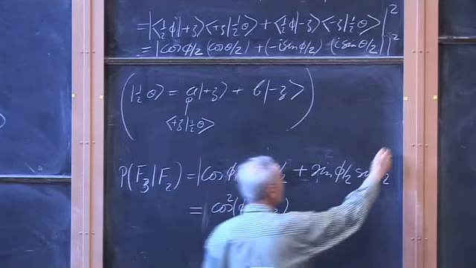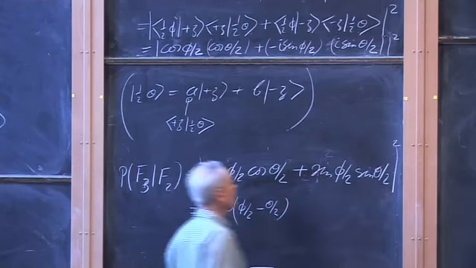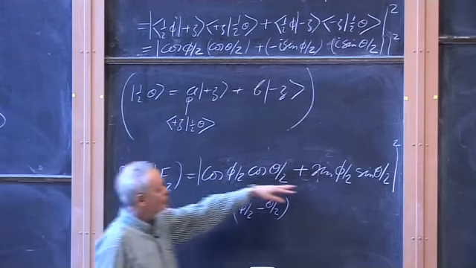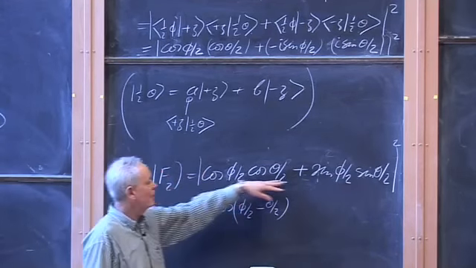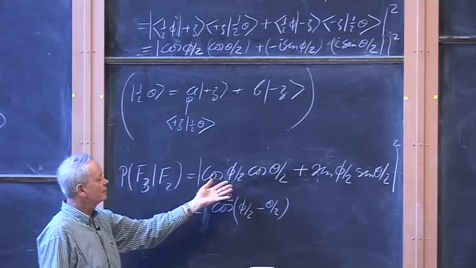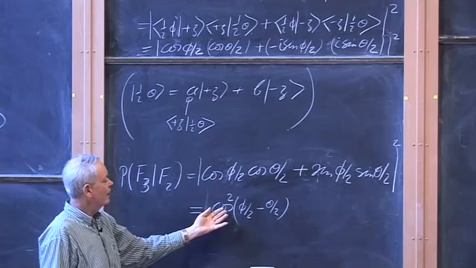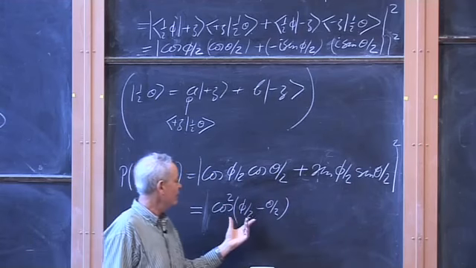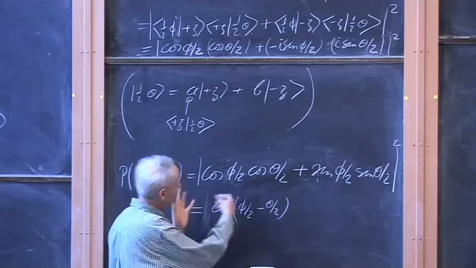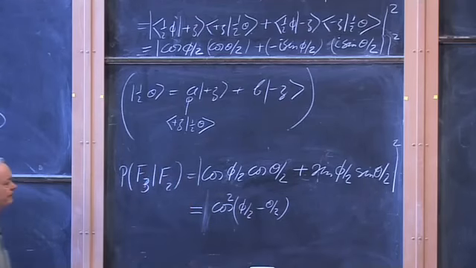That's what it is, and then we have to do a mod square of it. Excuse me. And we have a formula in trig, which says that this combination of cosines and sines is the cosine. What's in here is actually the cos of phi upon 2 minus theta upon 2. And then we had to square it. Sorry.